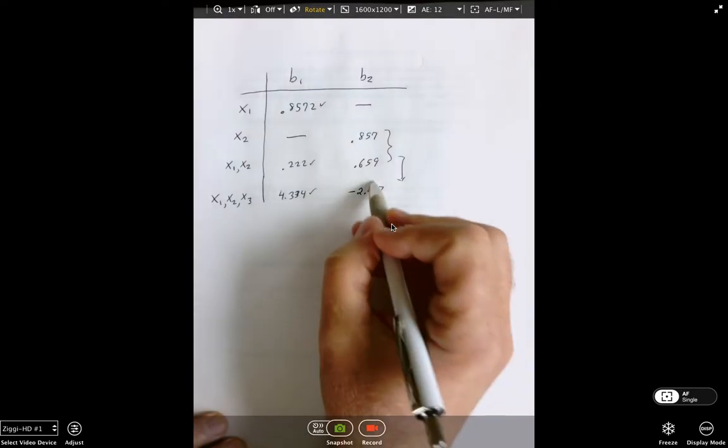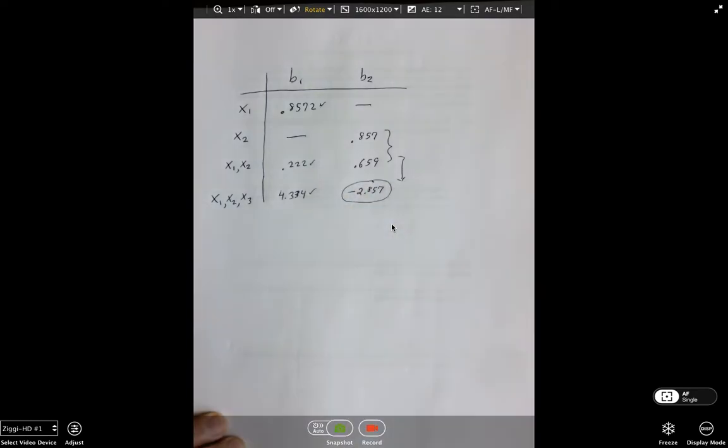So if I'm interpreting this, I'm saying that controlling for a person's tricep and mid-arm, as the thigh increases 1 unit, the body fat decreases 0.286 units.